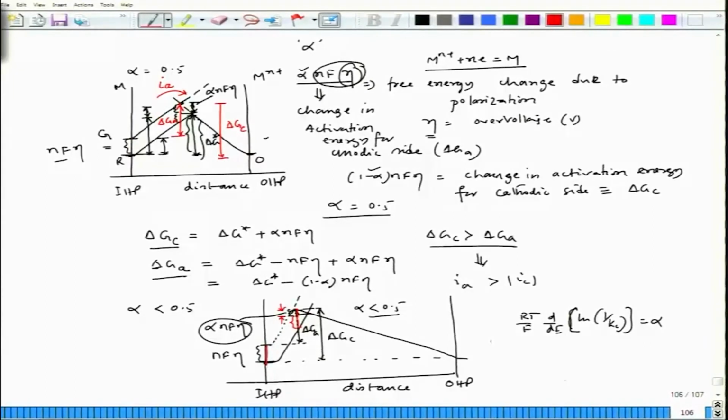So, that is what the contribution would be, this much towards delta G C, and the equation would be similar to this, and the contribution of this one would give us the same formula, which is delta G C minus 1 minus alpha into nFη.